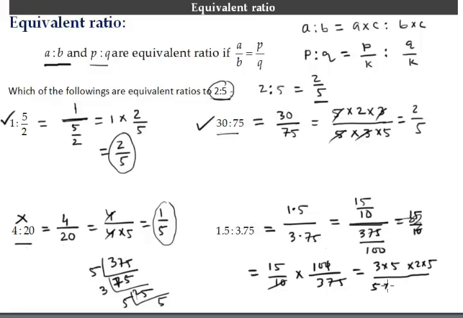So one 5 gone, 3 gone, 5 and 5 gone. So what is left over is 2 divided by 5. So this can be written as 2 divided by 5, 2 divided by 5. So that means this ratio is equivalent to 2 ratio 5.